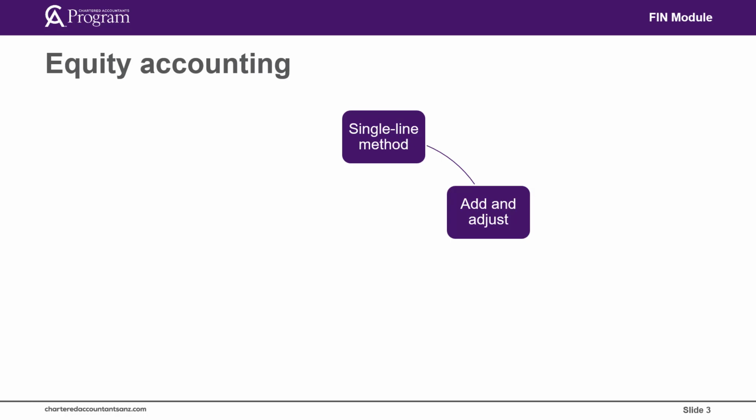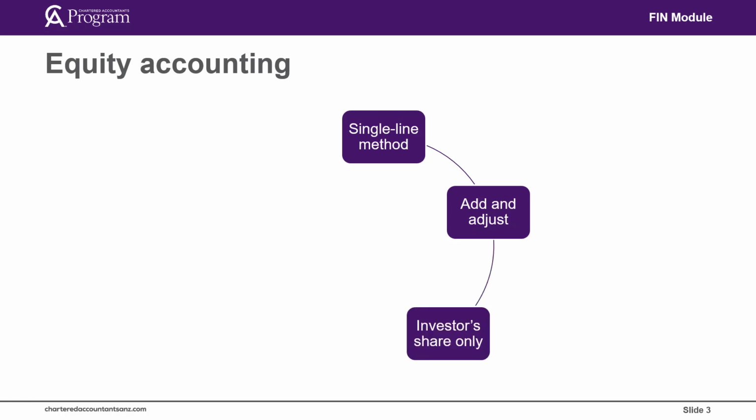You can also look at equity accounting as an add and adjust approach. We start with the investment for the associate or joint venture, which is initially recognized at cost. Then to get to the equity carrying amount at each reporting date, we need to add on to that original cost and make some further adjustments against that.